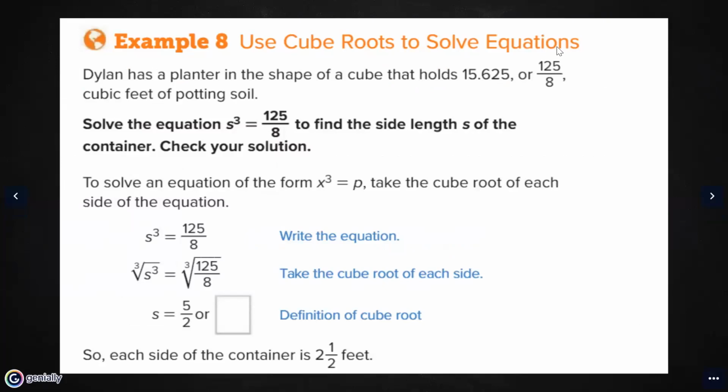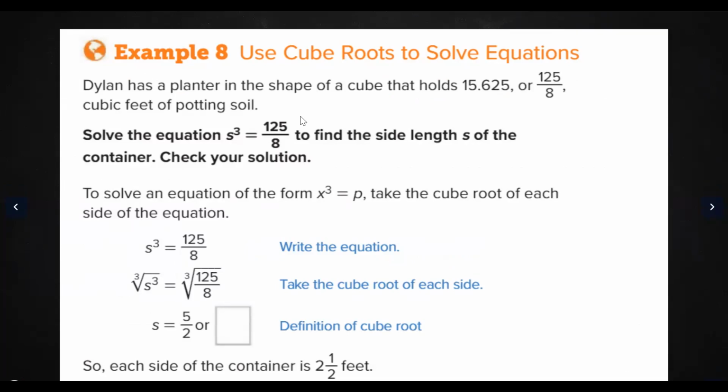Now, let's use a cube root to solve equations. Dylan has a planter in the shape of a cube that holds 15.625, or 125 over 8. Now, let's remember a little bit how to turn a decimal into a fraction.